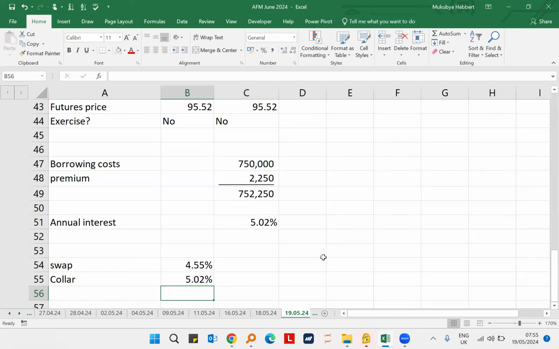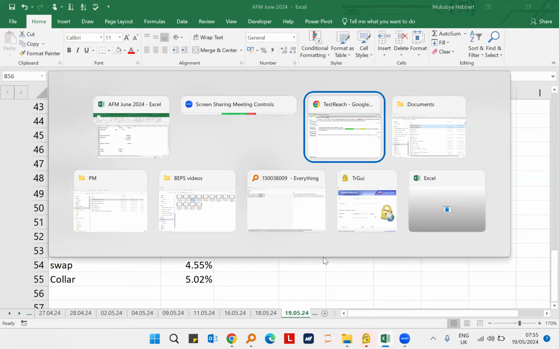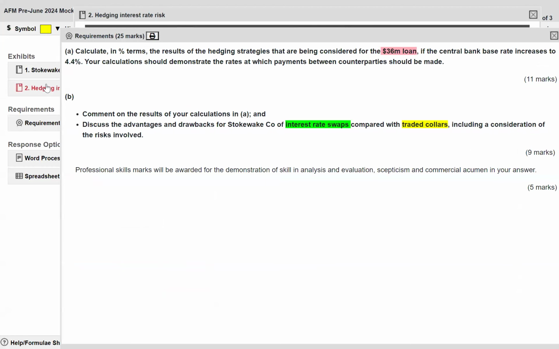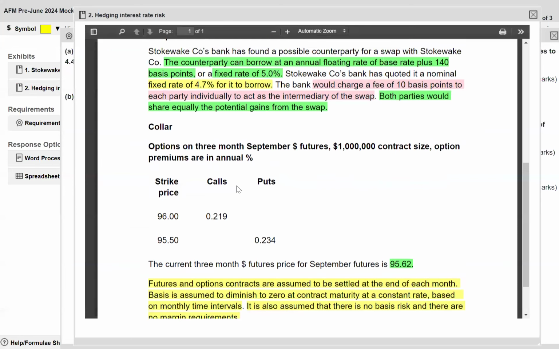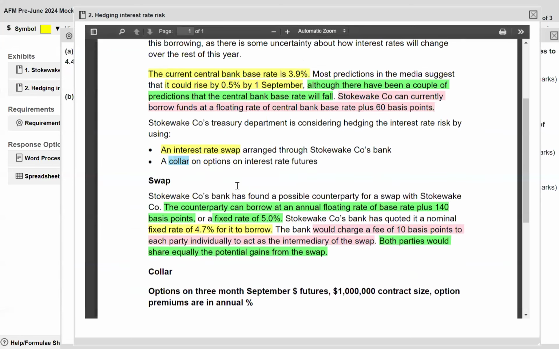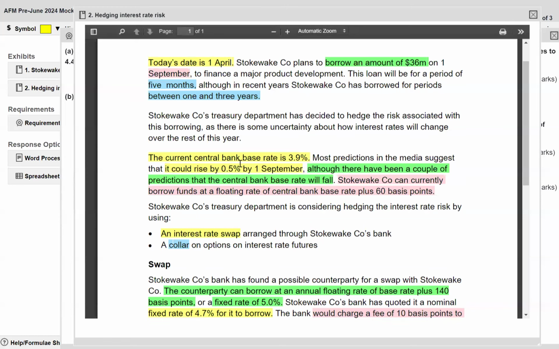So the reason the collar can also be better in this case is that although everyone is feeling that the interest rate is going to increase, there have been a couple of predictions that the central bank rate will fall.